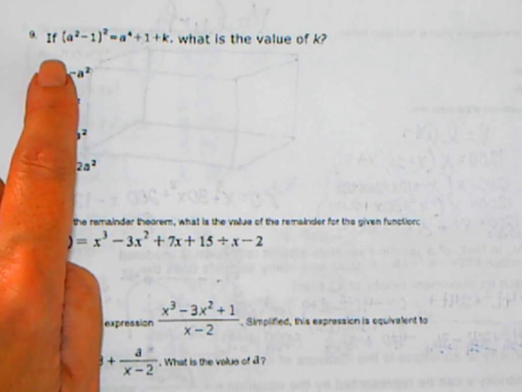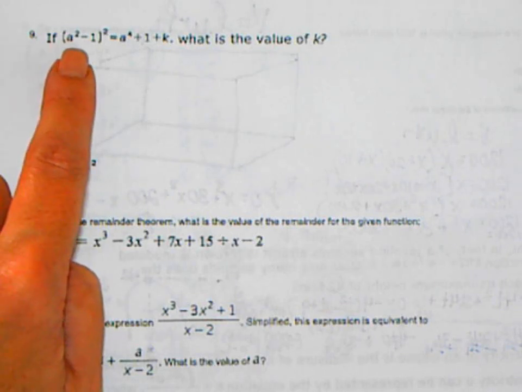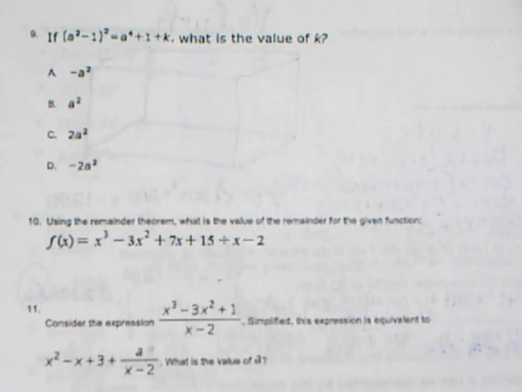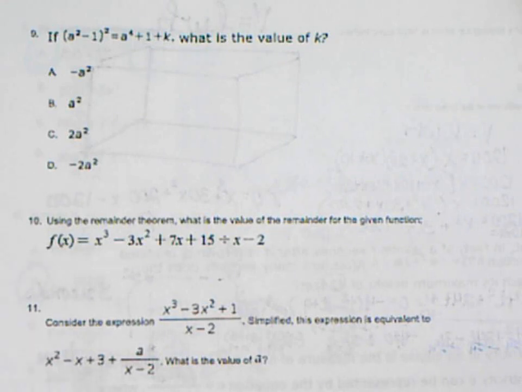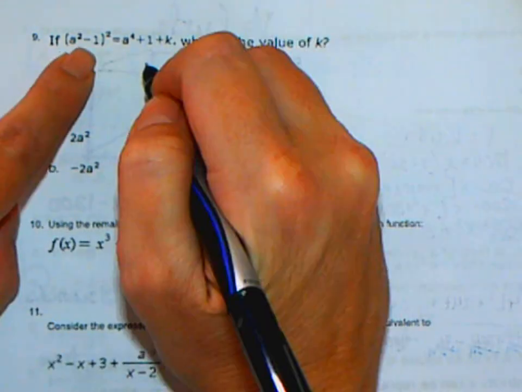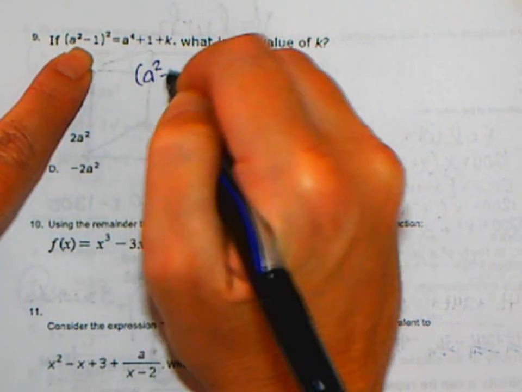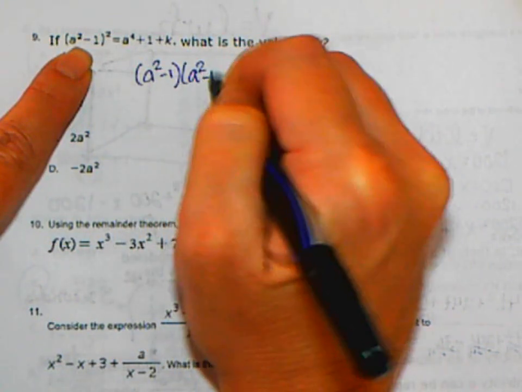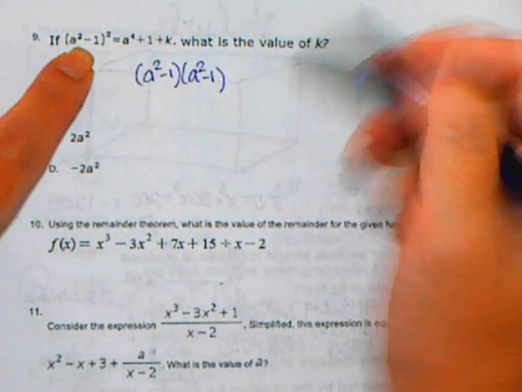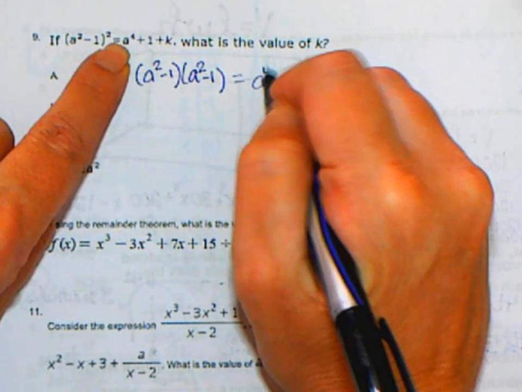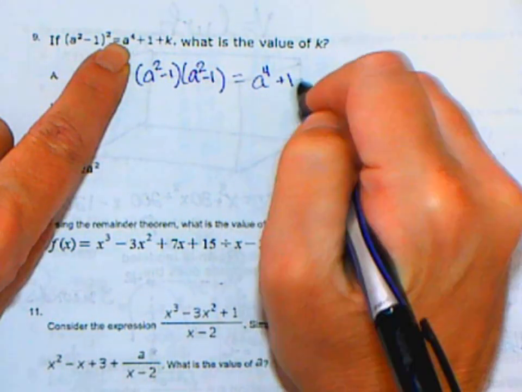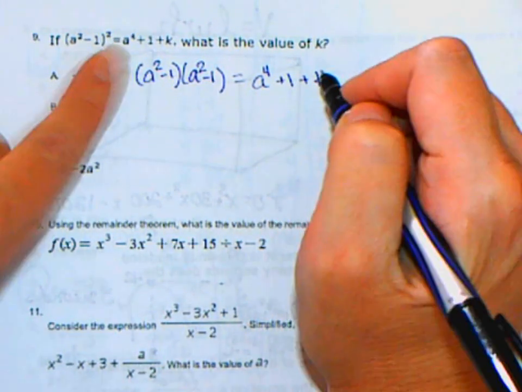There's an equal sign. So what I did was, I did a squared minus 1 times a squared minus 1 and FOILed it out. I wanted to see what I got to see if I could figure out what exactly they were asking me. So I just rewrote this as a squared minus 1 times a squared minus 1, because that's what it means. We know that. Equals a to the 4th plus 1 plus k.